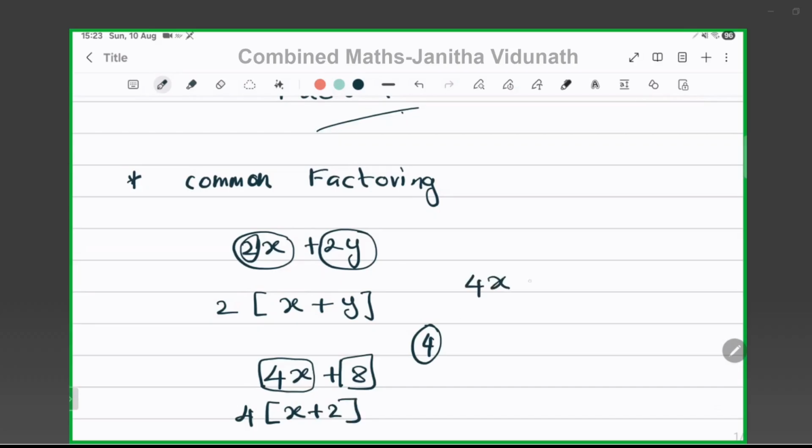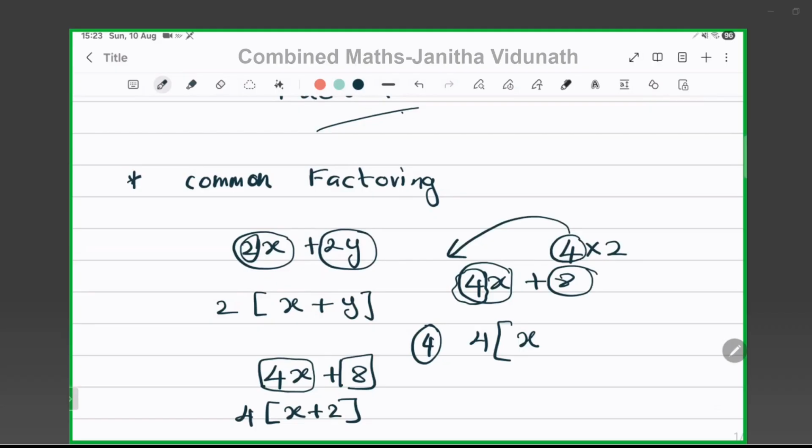When we consider 4x plus 8, if we take the common factor as 4, then there is only x left with x. Then 8 can be written as 4 times 2. Then we take 4 out of this, and there is still 2. Then we can say that this can be factorized as 4 times x plus 2.